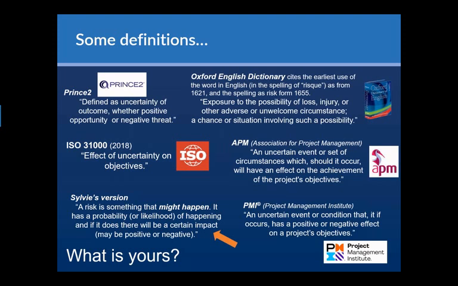So here are some of the ones that I've gotten. The one that you'll see that is a little bit different is the main Oxford Dictionary definition. It talks about loss, injury, or other adverse or unwelcome circumstances. If I had put in here the definition from a Canadian insurance board, for example, you would see a different slant on the definition.